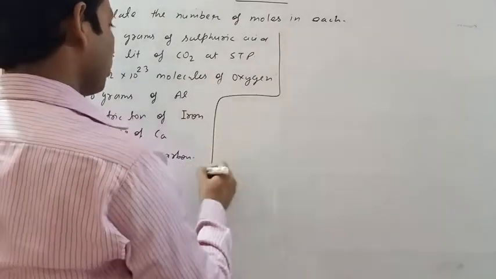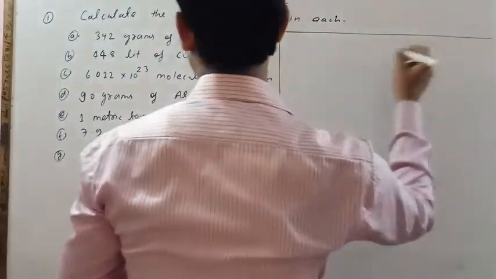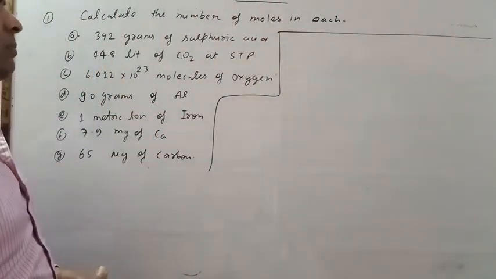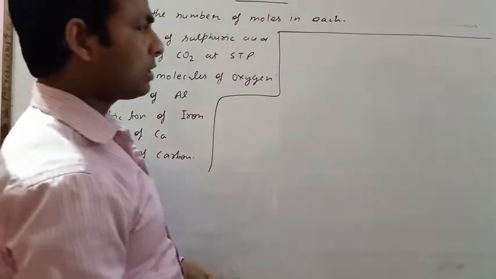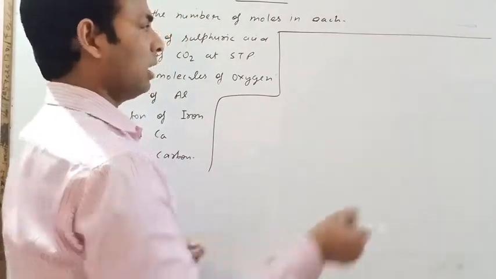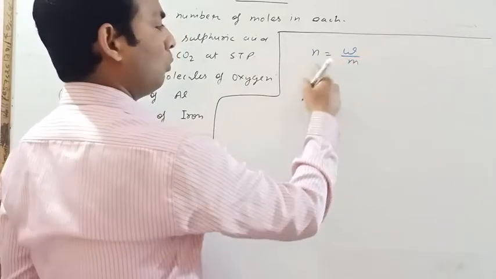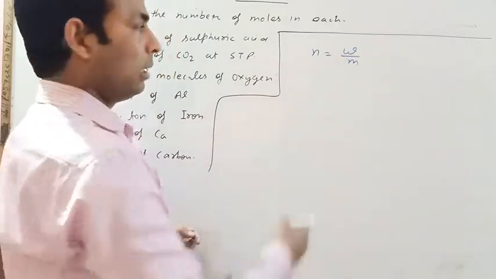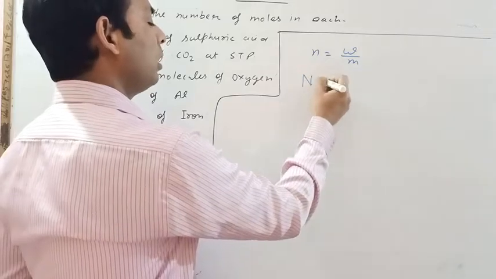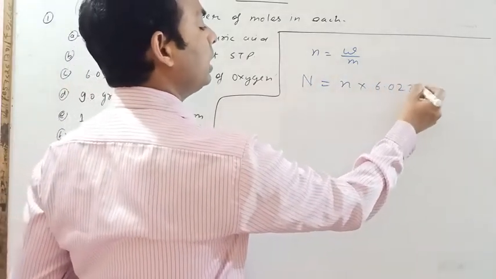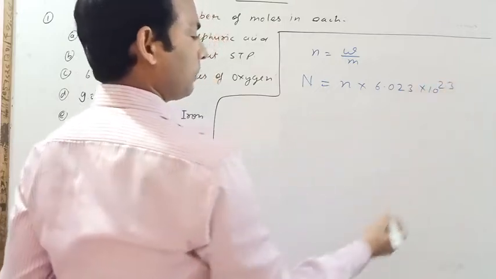Look here, the first question is given 392 grams of sulfuric acid. First I would like to share the formula. You know, mole equal W by M. Or one more formula I taught you: N equal n into 6.023 into 10 to the power 23.